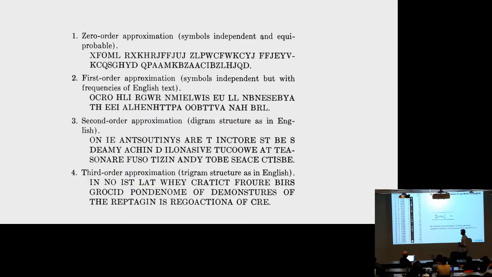Let's look at some examples. Those are different ways of generating texts. The first one is completely random. This is the 0th order approximation. I just pick out some letters randomly in the alphabet, and I get this. I can start to add some correlations, and I can look at pairwise correlations between consecutive letters.